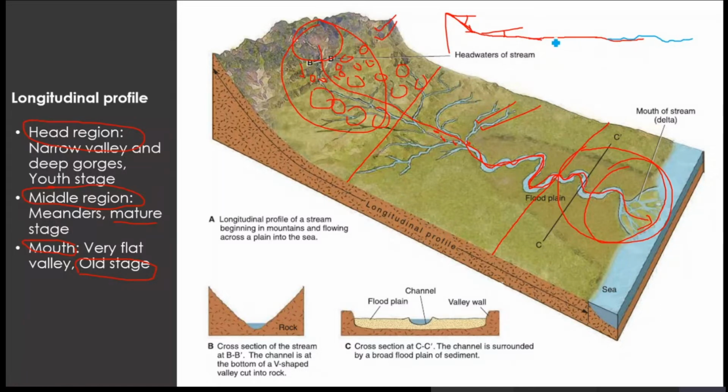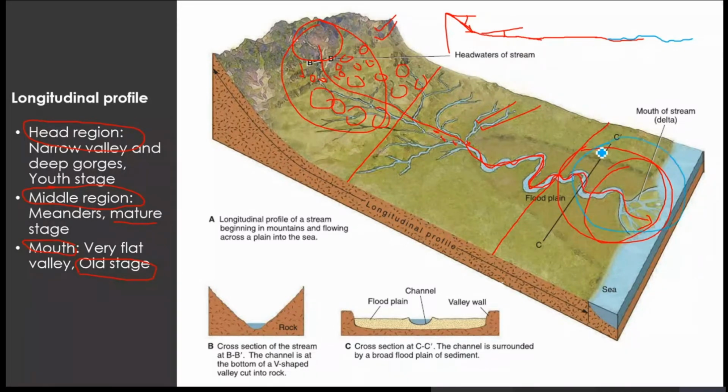At this part the river is very gently sloping, and it is dominated by the deposition of the material transported from the high head region to the middle region.